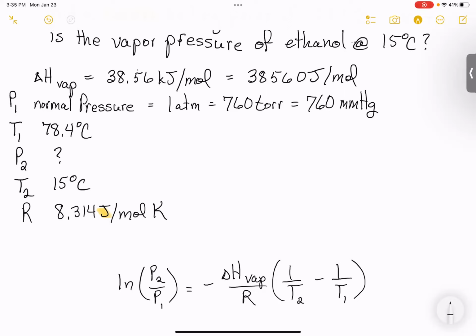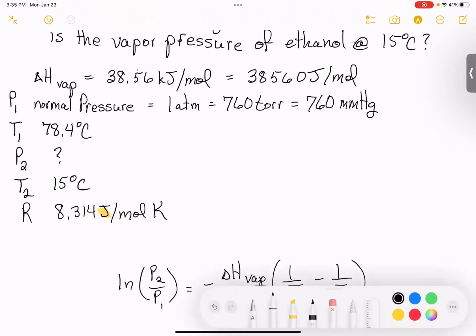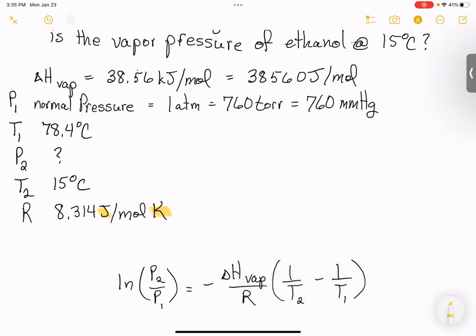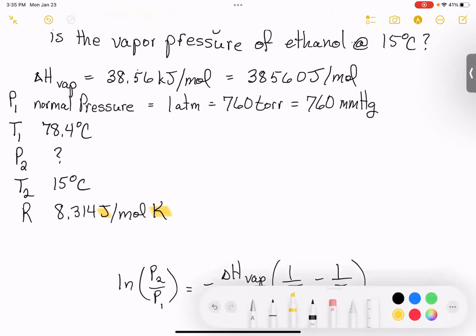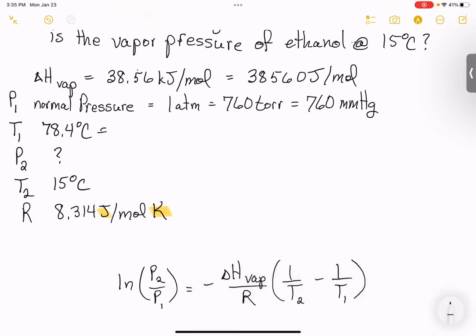The next thing is I am going to be required to have my temperature in Kelvin, not degrees Celsius. So you will need to add 273.15 to your temperatures. This first one is 351.55 Kelvin, and the second one is 288.15 Kelvin.